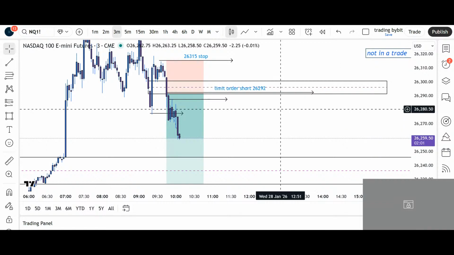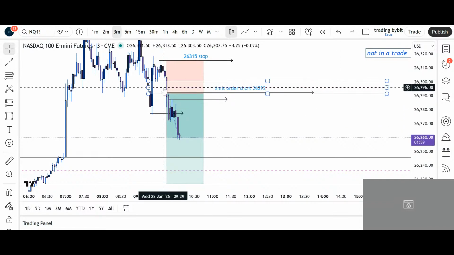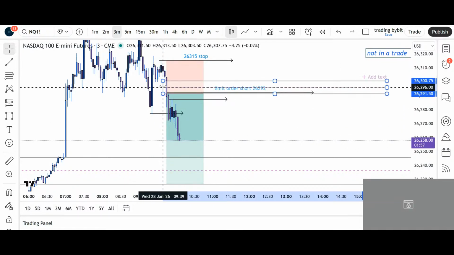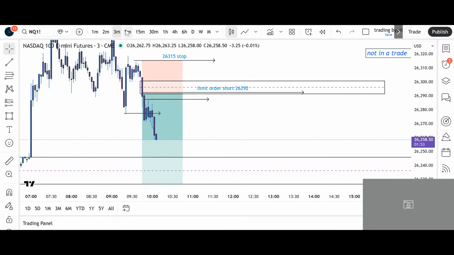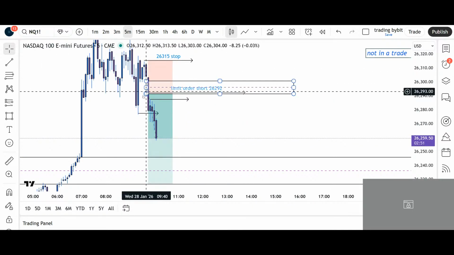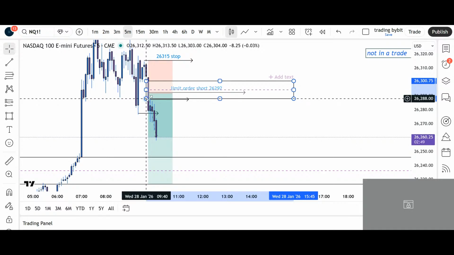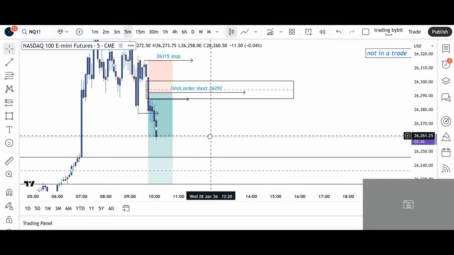Right now it's clean patience. I just wanted to see it hit this upper 3 minute fair value gap, and we didn't get that tap. What was also 5 minutes? We just missed it by like half a point.